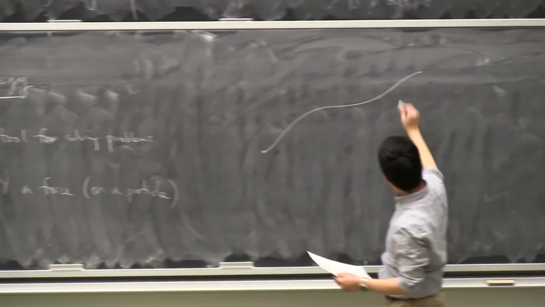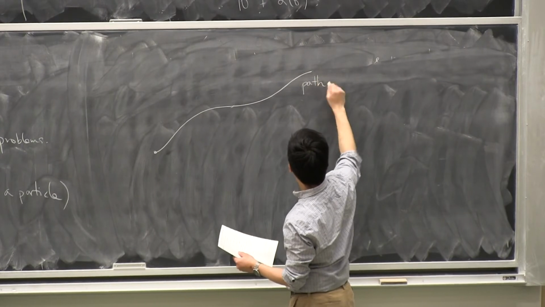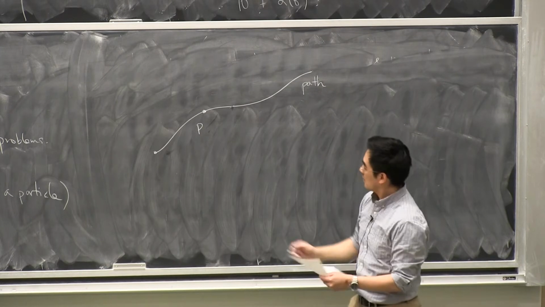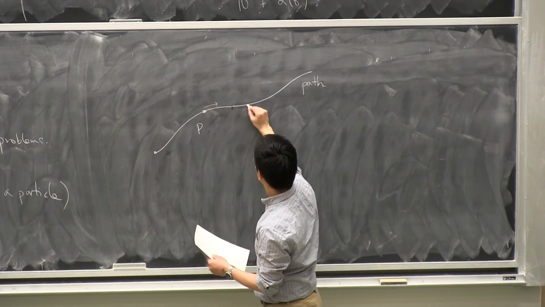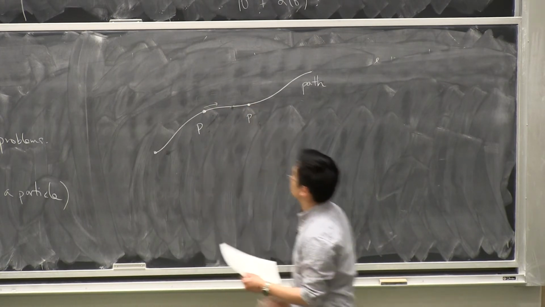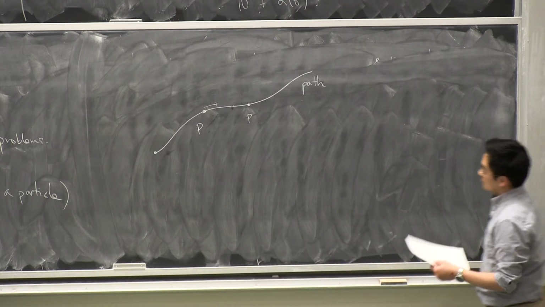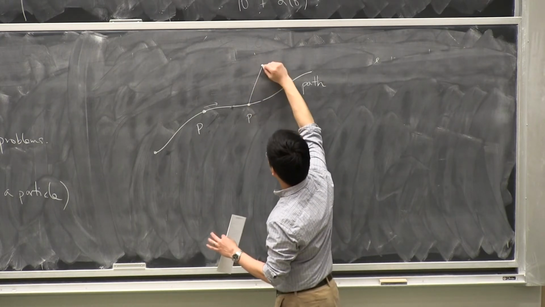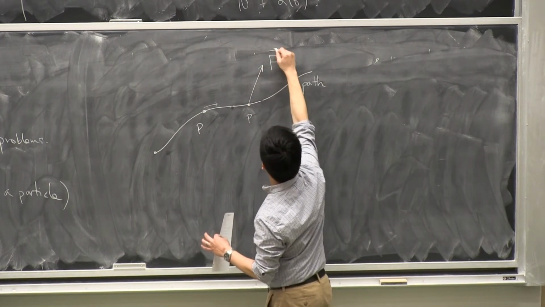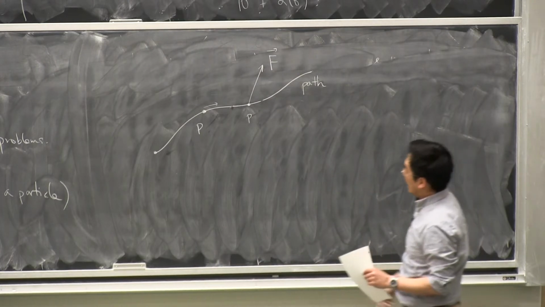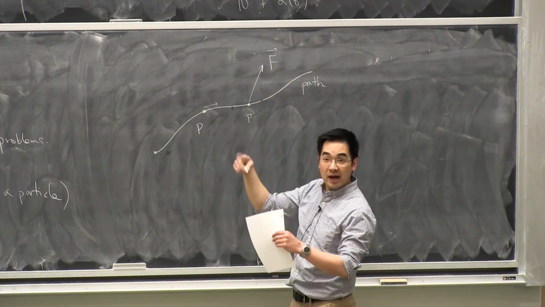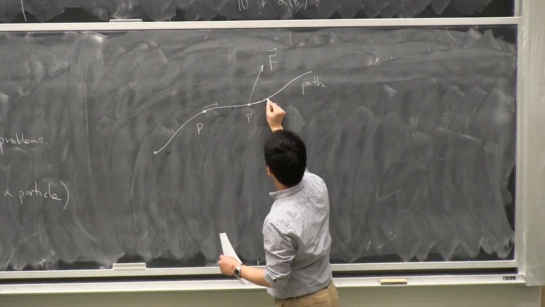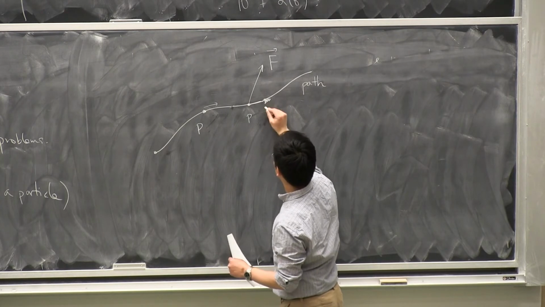I've got a path that the particle is moving on. Particle starts there, ends up over here. It's moving this way. So everywhere along the path there's forces acting on it. So let's just say there's a force acting on this particular particle like that. And that force is applied while the particle is moving and while the particle makes a little bit of a displacement. So I'm going to show you a tiny little displacement vector right there.